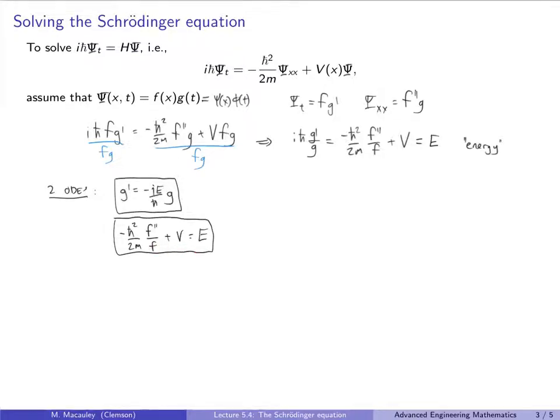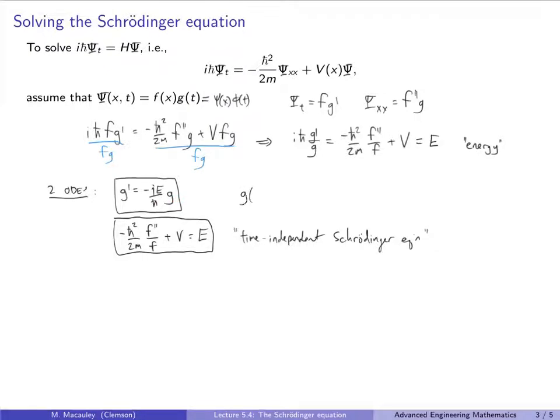And the second one is often called the time independent Schrödinger equation, because there's no time involved. And this first equation, of course, we know how to solve this.